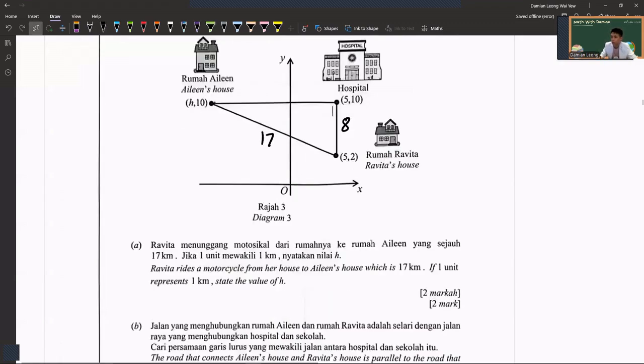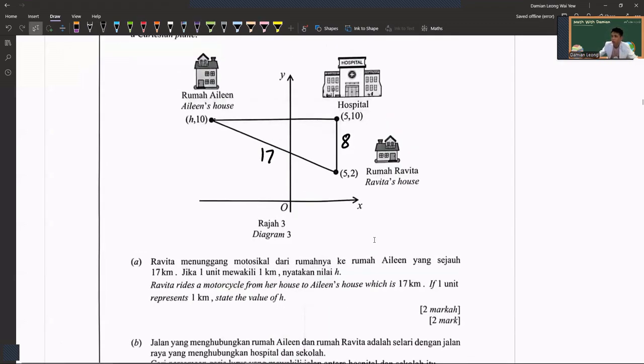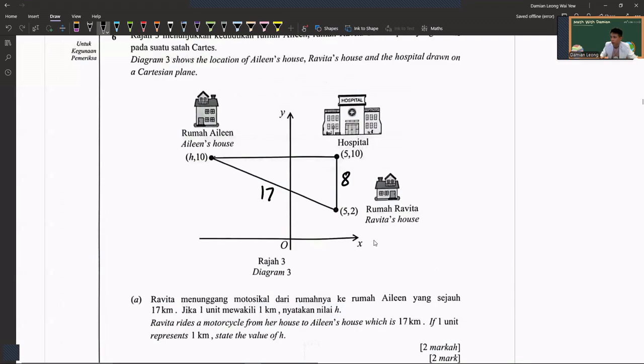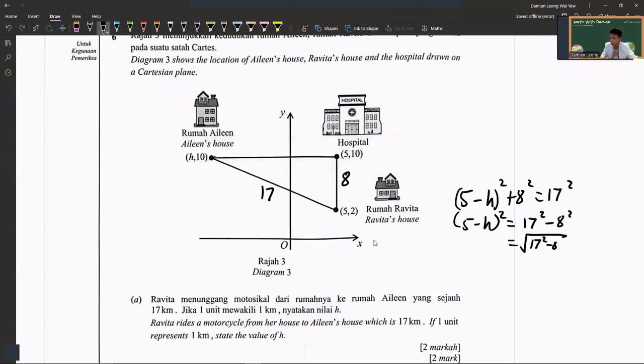So basically, 5 minus h would be the distance here. So (5 minus h) squared plus 8 squared equals 17 squared. (5 minus h) squared is 17 squared minus 8 squared. The square root of 17 squared minus 8 squared would be 5 minus h, which is 15.